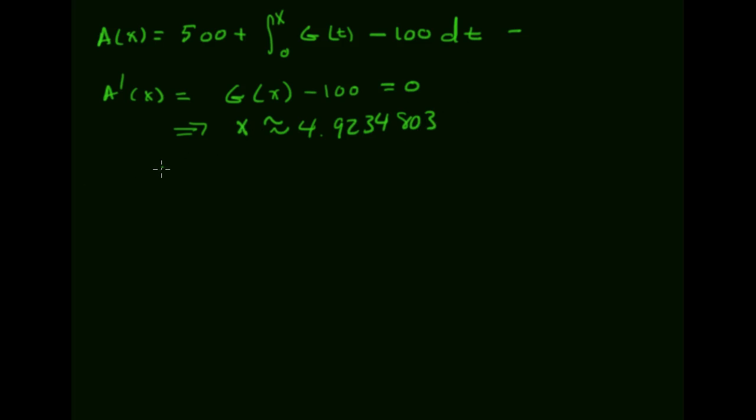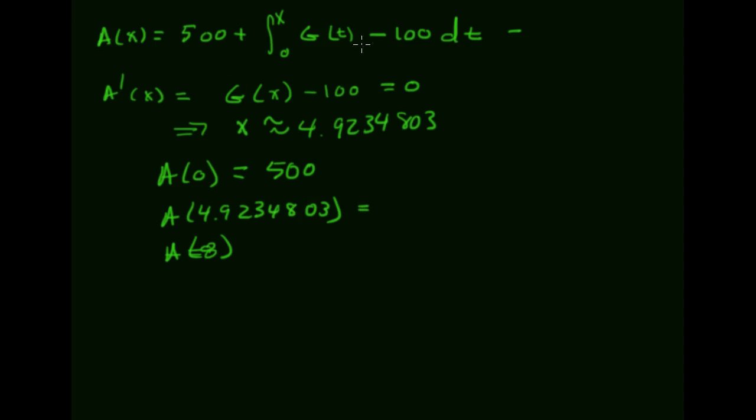So you only have 3 critical points here. You have the amount at time 0, the amount at 4.9234803, and the amount at time 8. We know the amount at time 0 is 500. We throw this value into this, and the calculator gets us back 635.376.